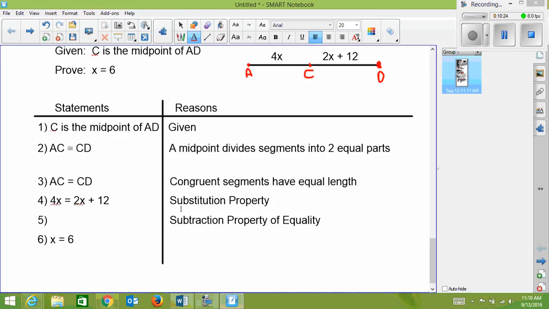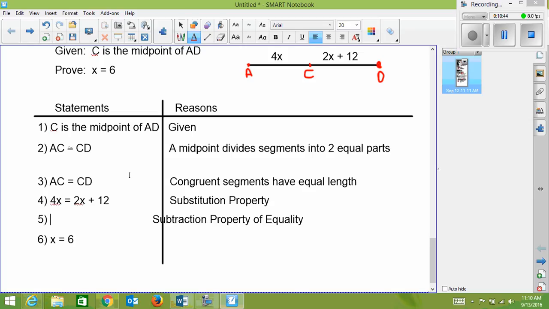To get from there, how do I know what's next? How do I get to the next step? Well, I'm going to have to do some work here. I need to combine some terms, moving things around.